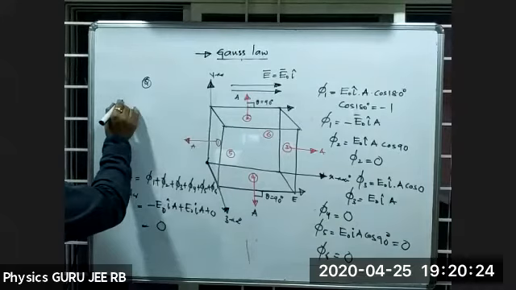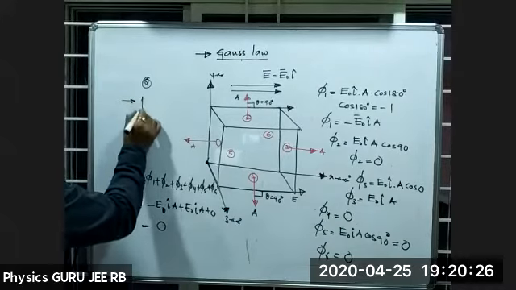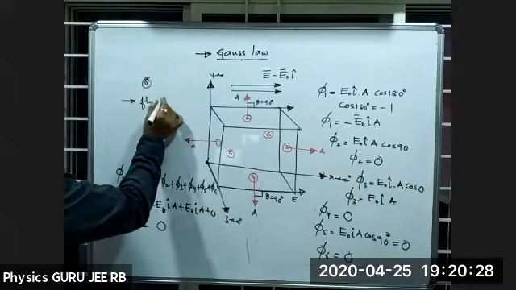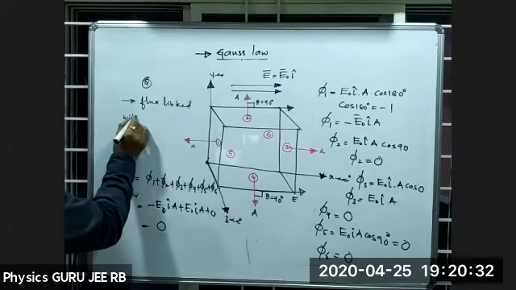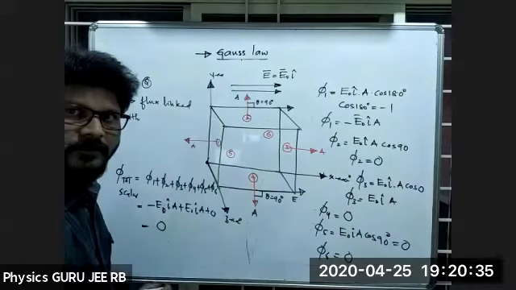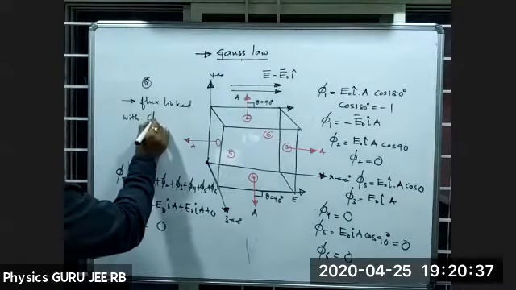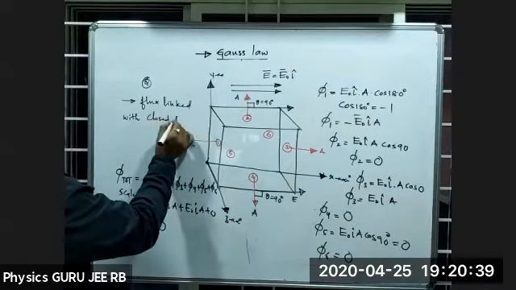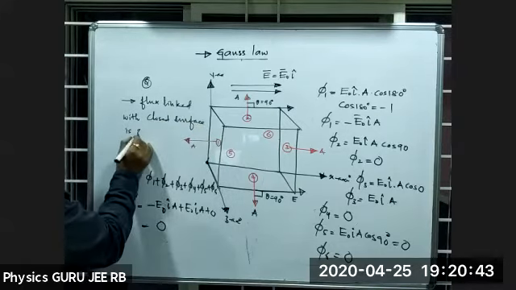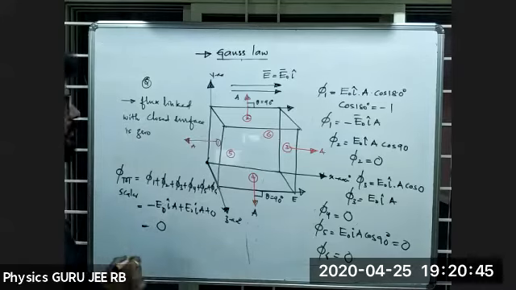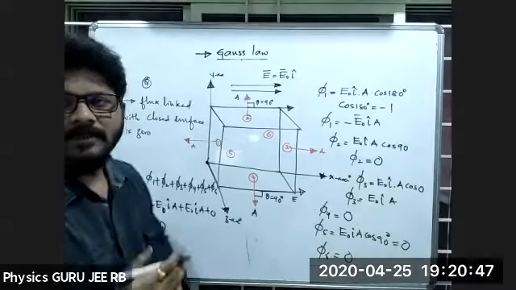So here the conclusion we can write: flux linked with the closed surface is 0.